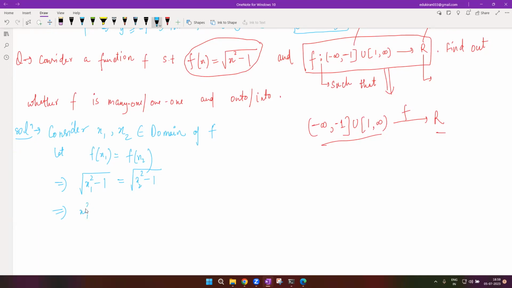Squaring both sides, this becomes x1 square minus 1 is equal to x2 square minus 1. This minus 1 gets cancelled out, so we are left with x1 square is equal to x2 square. I can also write it like this, x1 square minus x2 square is equal to 0, which can further be factorized using the a square minus b square formula, which is (a minus b) into (a plus b).